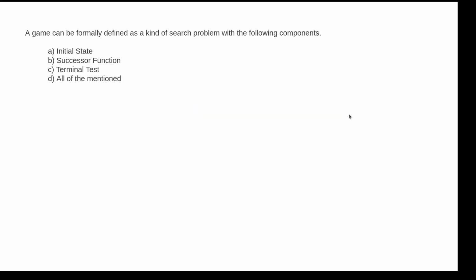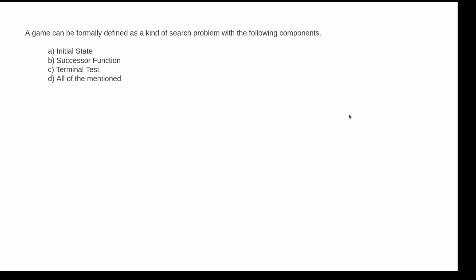Now the next question. A game can be formally defined as a kind of search problem with the following components. What components will a game search problem have? Initial state, successor function, terminal state, and all of the mentioned. It's quite easy; you can easily guess it. It would be all of the mentioned. You will have the initial state. You will have the successor function. What does successor function mean? Given the state S, I have three moves, A1, A2 and A3, which lead to S1, S2 and S3.